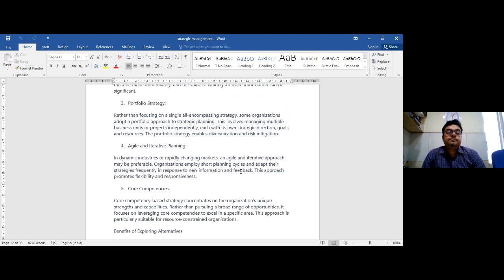So organizations should employ shorter planning cycles and adapt their strategies very frequently in response to the new information that is obtained and the feedback.